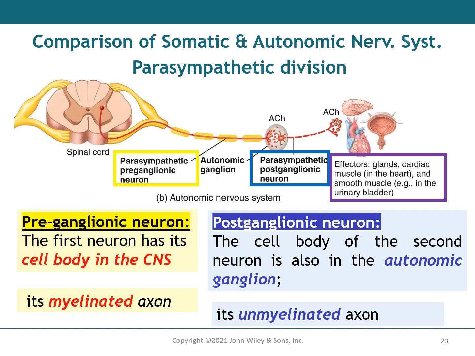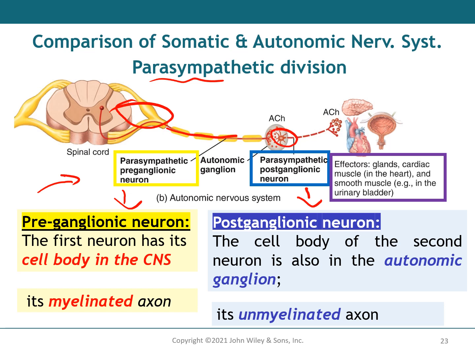Your textbook also gives you a diagram for the parasympathetic division, but it's very similar. You're also going to have a preganglionic neuron, and also a postganglionic neuron. Here in the preganglionic, you're going to have the soma in the central nervous system, and in the postganglionic, you're going to have it in the ganglia.